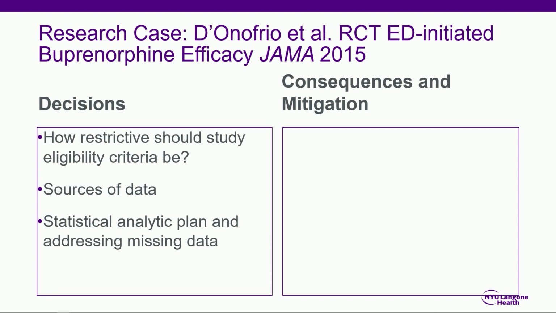The first example I would give is the study at Yale led by D'Onofrio, published in JAMA in 2015, which was a large RCT to look at the efficacy of ED-initiated buprenorphine. When we think about how restrictive we want to be, as an efficacy study where we're trying to see under ideal conditions, you really want to have complete data sets.